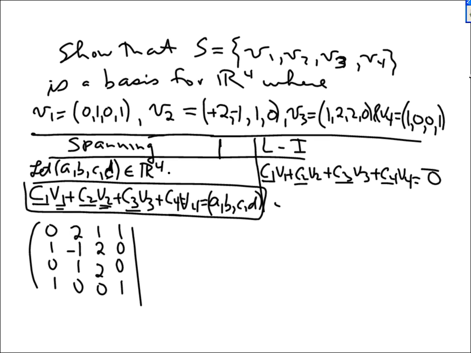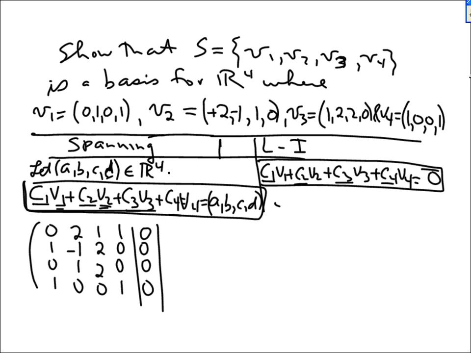Now, let me just change this, only because it'll look neater. Let me try to solve this system of equations. That just means I put this down. Now, if I want to solve this system of equations, then I augment it with A, B, C, and D. We're going to tackle both at the same time.